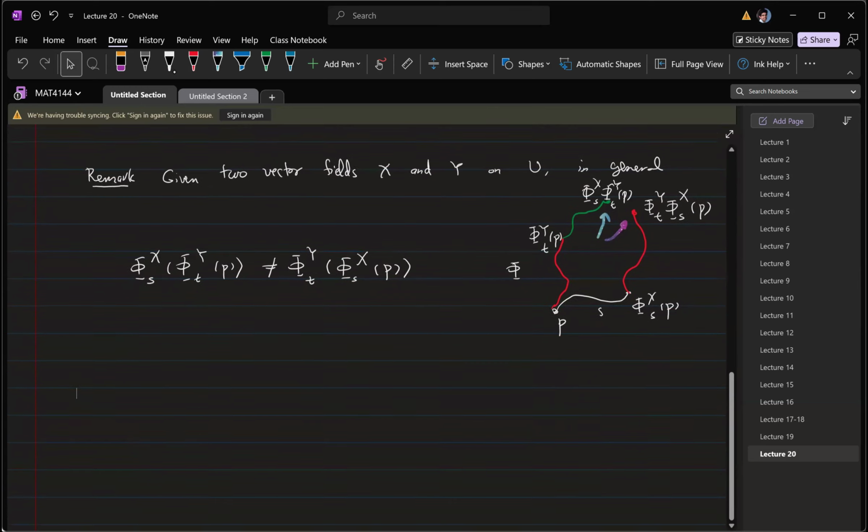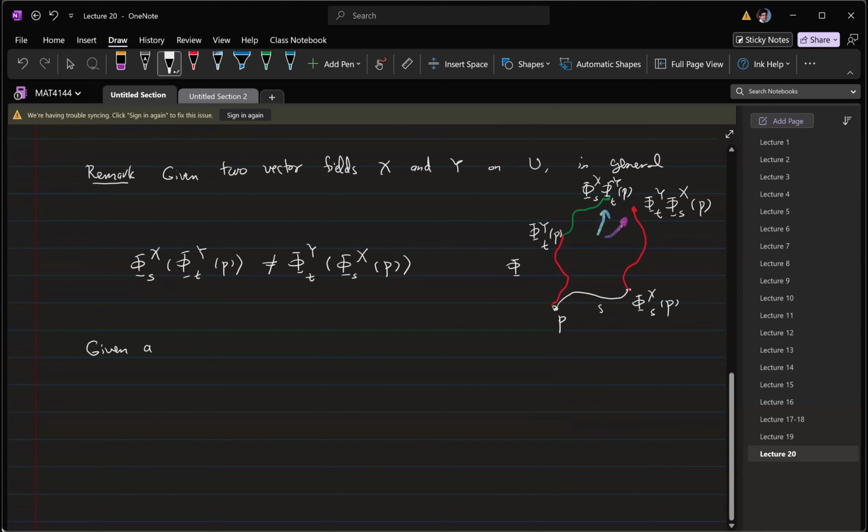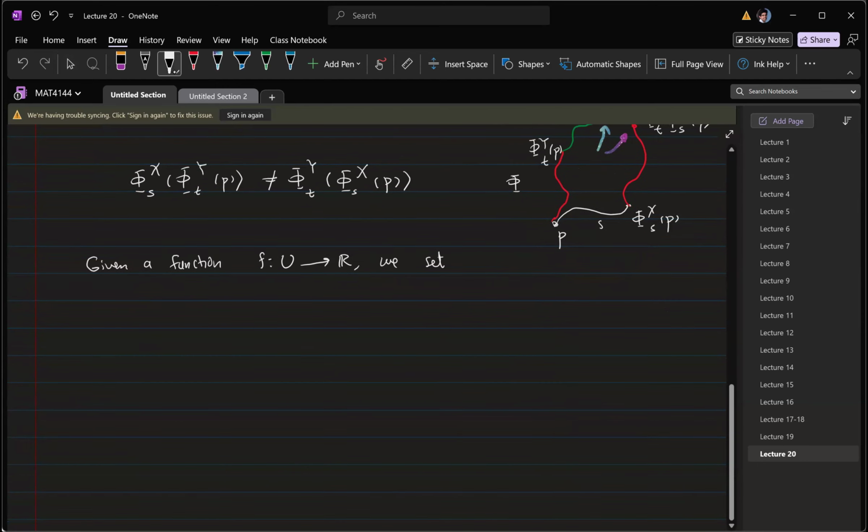So now, given a function f going from U to R, we set Δ(s, t, p) to be f of the first value, which is φ^X_s φ^Y_t, minus f of φ^Y_t φ^X_s.